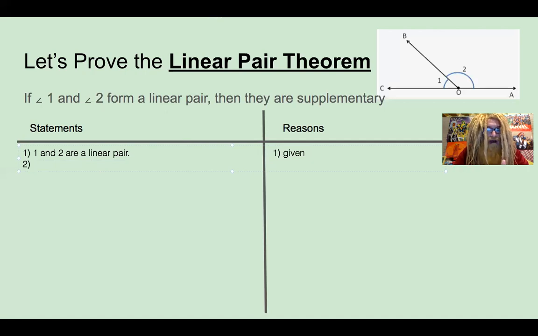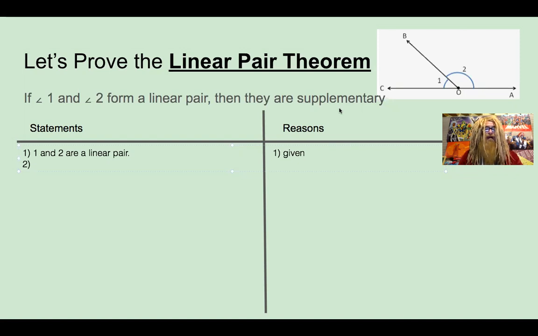So can you guys tell me, what does it mean if two things are a linear pair? How does that work? What is our definition that we can use for this? Okay, so here's the thing. The 180 part is what we're trying to prove in just a second here. What does a linear pair mean if we're really talking about the definitions?